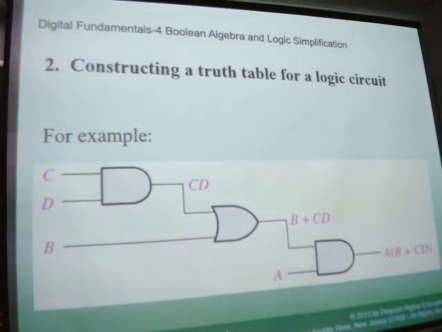Then B equals 1, 1 plus 0 and 0 equals 1. Yes. Also, the last is also 1. If B equals 1, the output is 1.